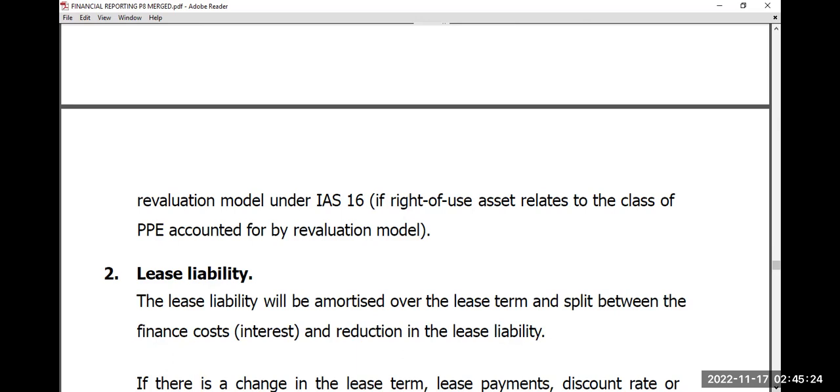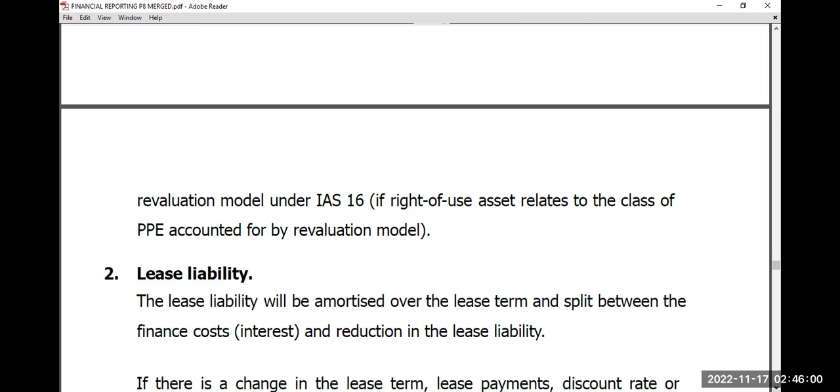What we are saying is that a lease liability will be amortized over the lease term, and we split out the financial costs or the interest. When we split the interest, the remaining part is the lease liability, and that is what we shall take to the balance sheet. But the financial cost or the interest we take to the income statement.